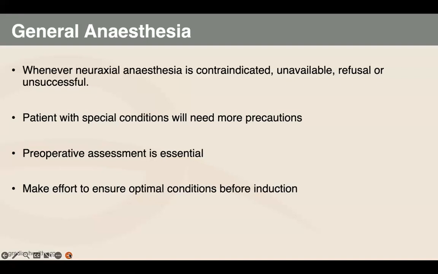However, because these are a set of peculiar patients, you have to ensure that special conditions will need more precautions. For example, you have a patient who has severe preeclampsia, who has HELLP syndrome, so she has low platelets. So you have to arrange with the hematologist that you need certain blood components, like platelets.